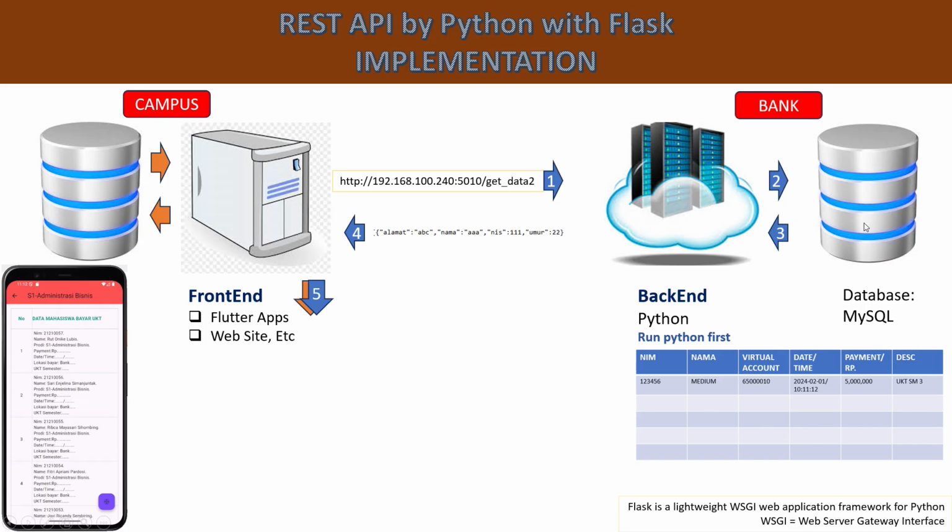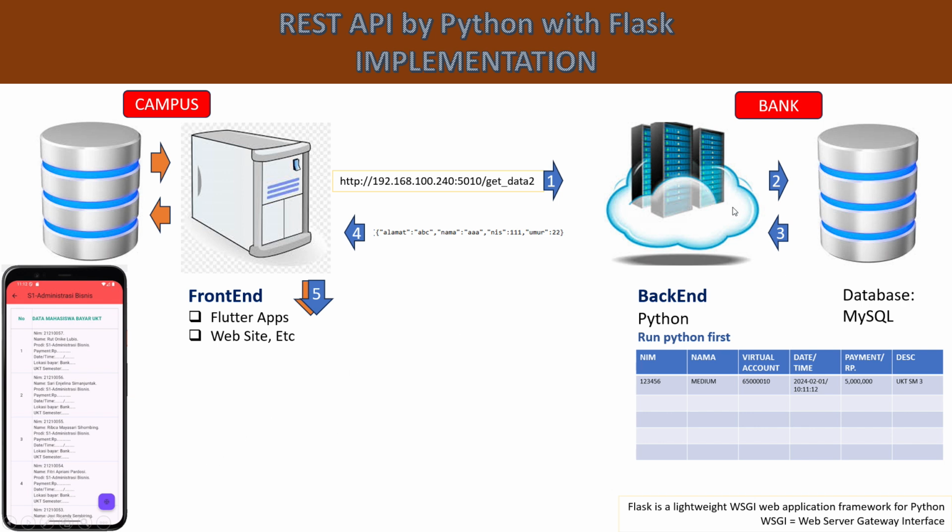And we use a MySQL database, and then how to run these two entities, the campus block and the bank block. For example, if someone pays UKT to the bank, in my campus application we know who paid the UKT at the bank, how much, where, and when.